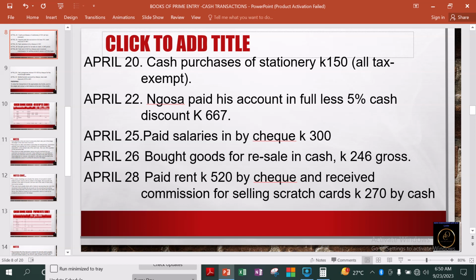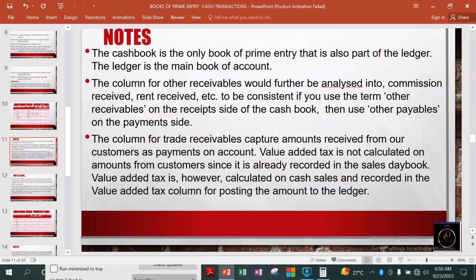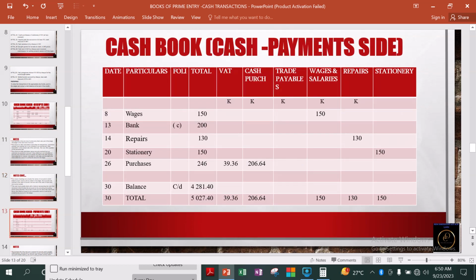So let's go to the cash book, cash payment side, because the one which was paying for these goods, cash book, cash payment side. What do we have there? We have 246.